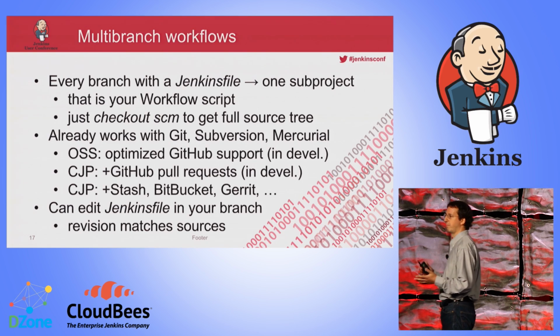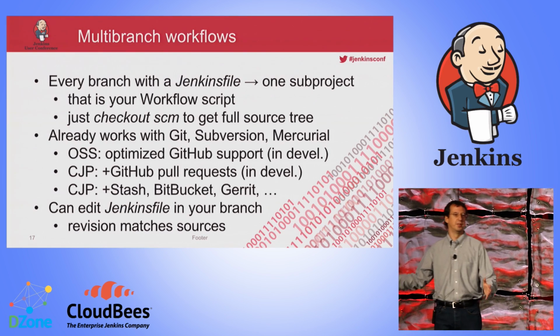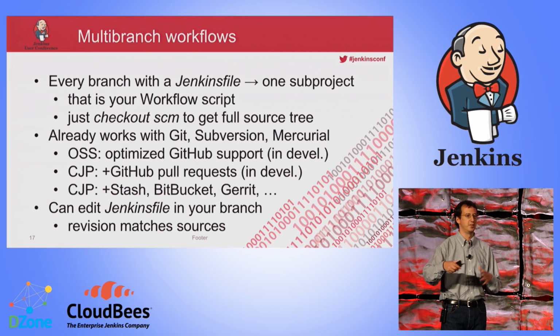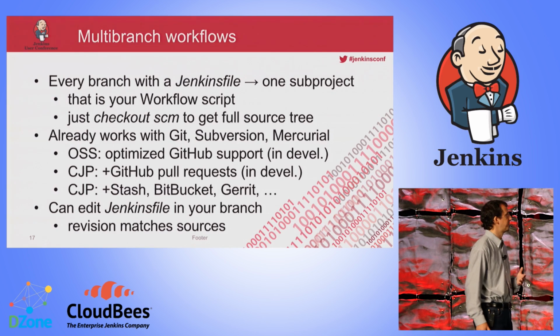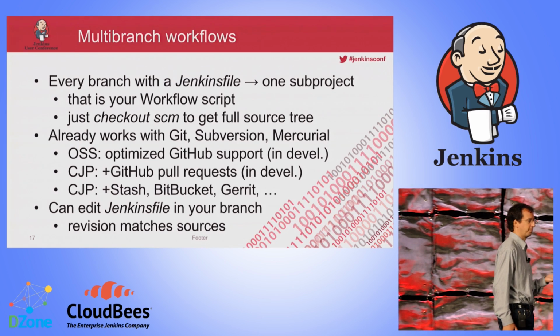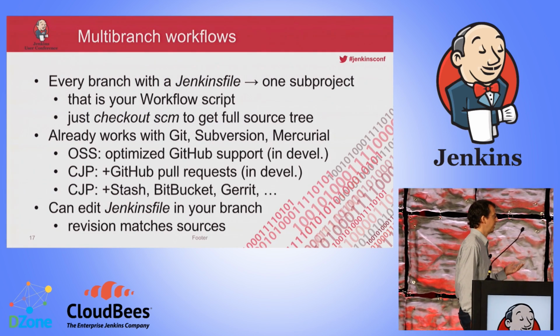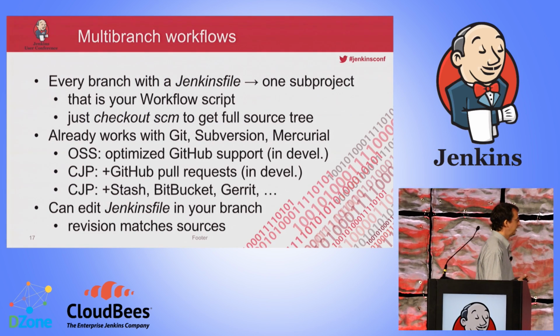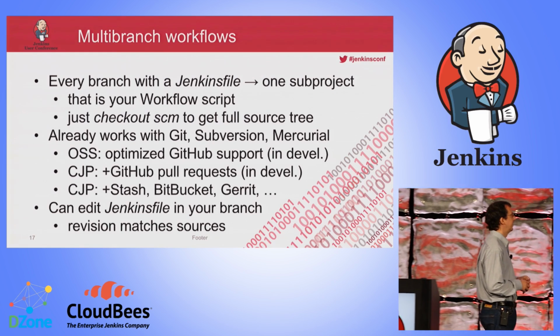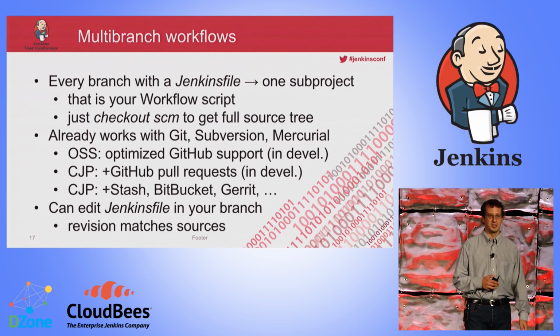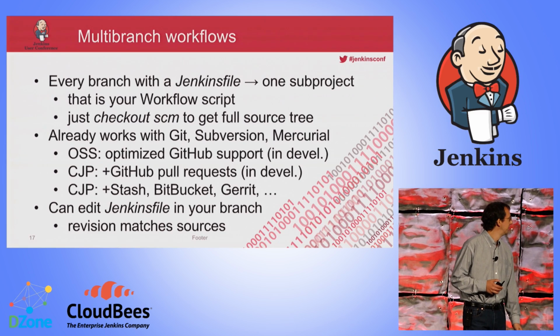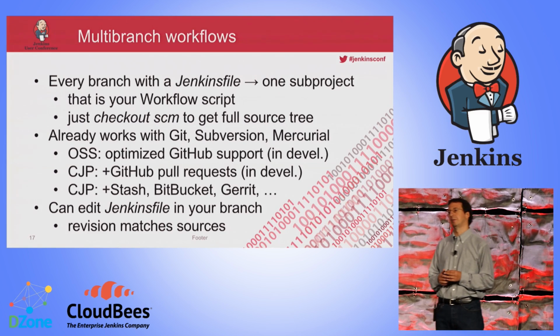And each subproject is a full-fledged build, and it has its own build history that you can see independently of all the others. We've recently integrated this with Jenkins workflow, and we call this multi-branch workflow. And the idea here is that if you put a special file into your branch and you call it Jenkinsfile, this is a workflow script.